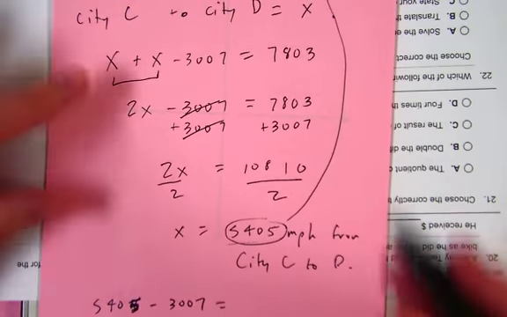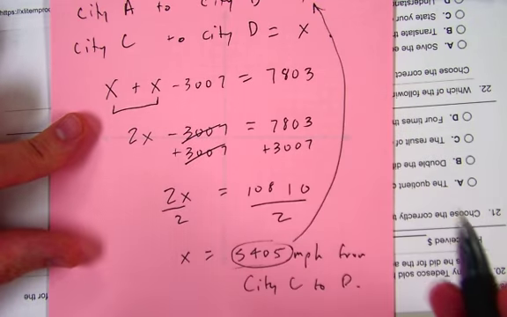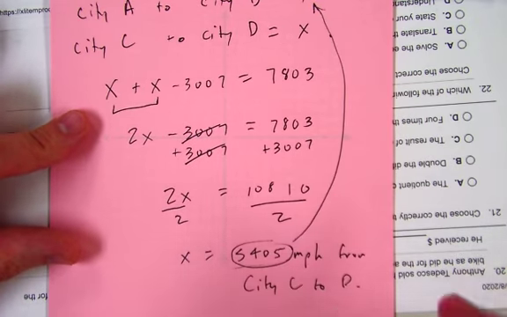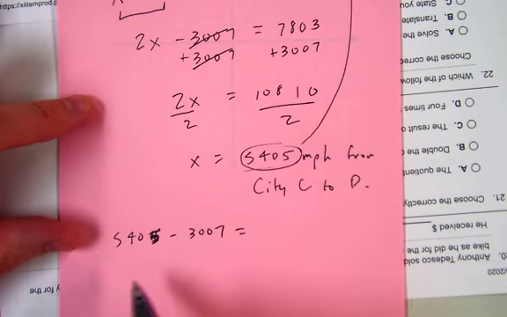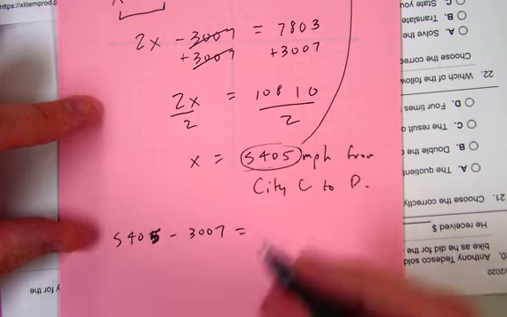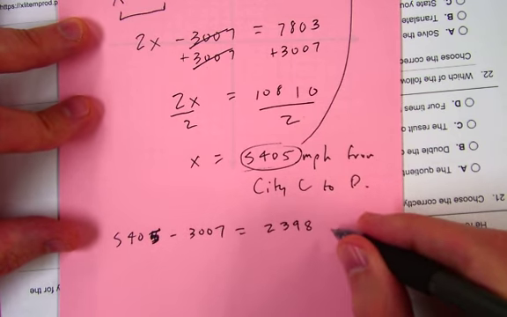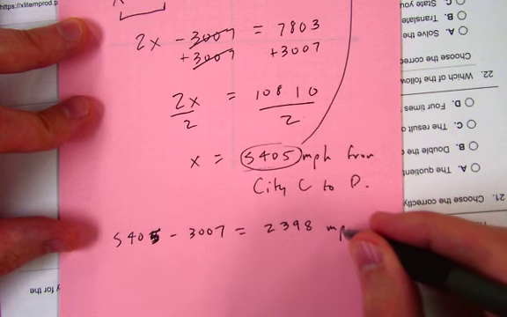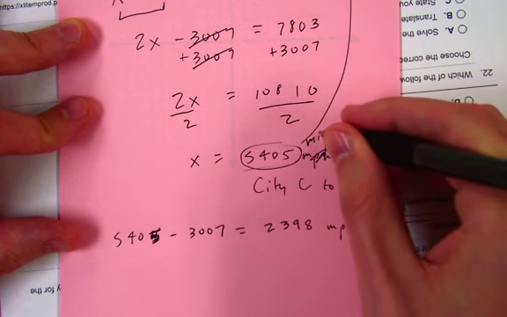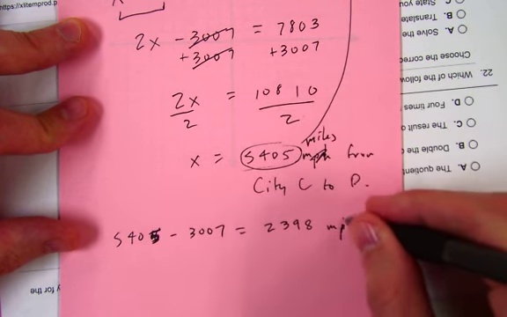The other choice is just to take our total distance, 7803, and subtract the 5405 from that. Either one of those will work and give us the right answer. What is this? 2398, I think. Whoops, sorry, not miles per hour. Those are just miles.